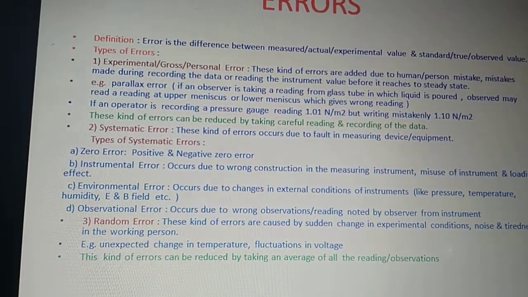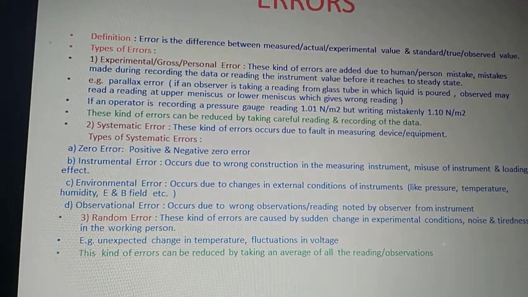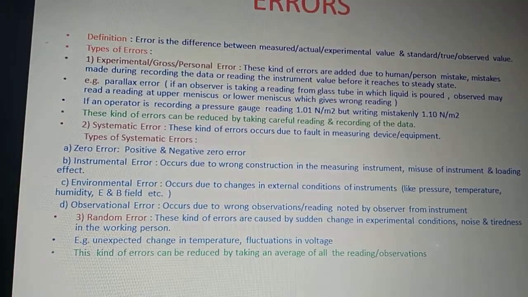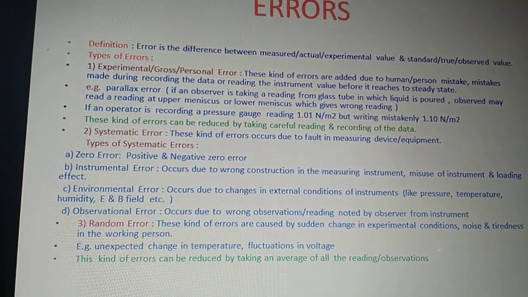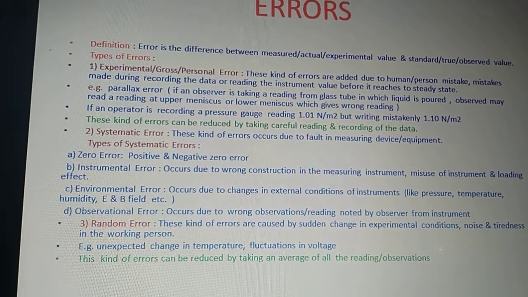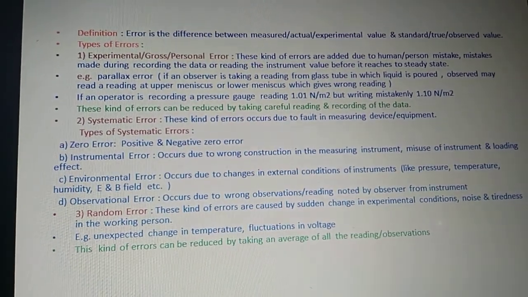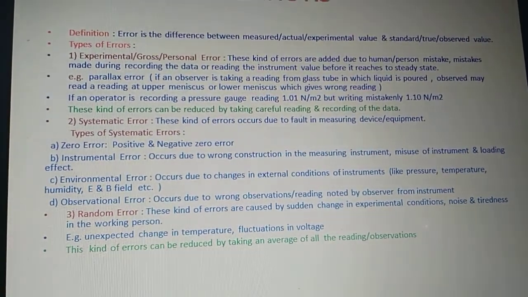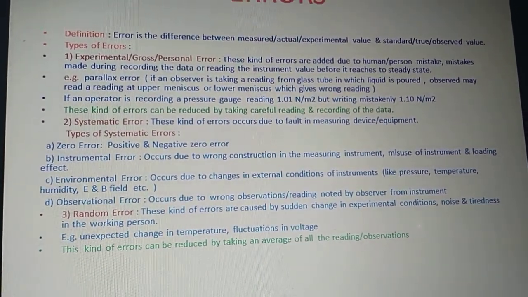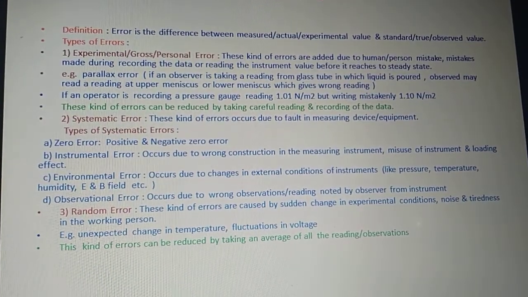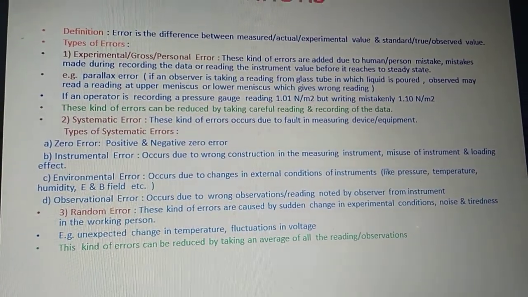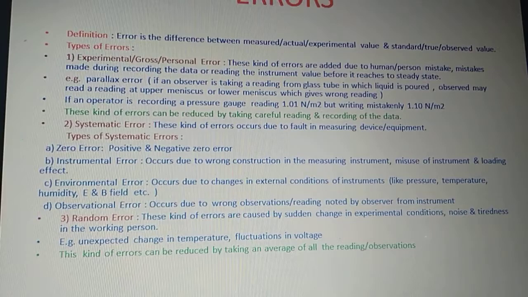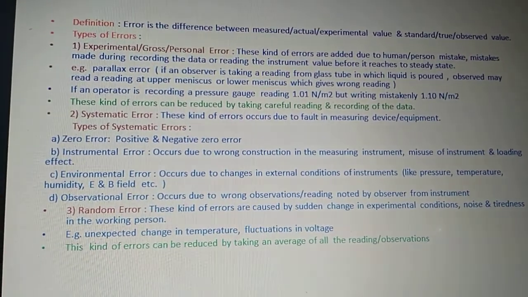This measured value is also called the actual value or experimental value, and the observed value is also called the standard value or true value. Therefore, I can say error is the difference between the measured value or actual value or experimental value, and the standard value or true value or observed value.